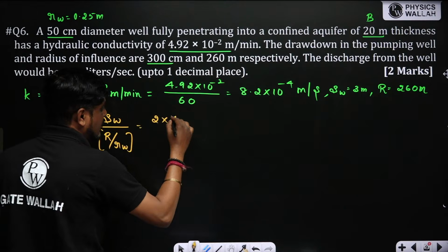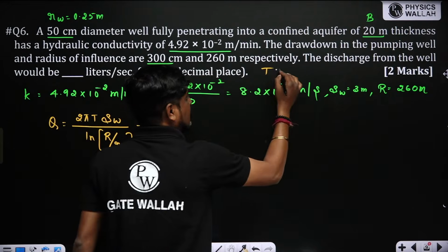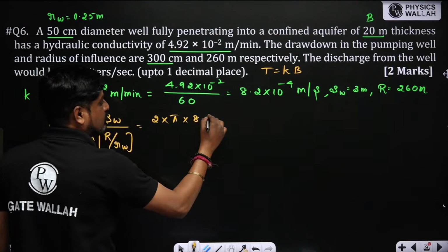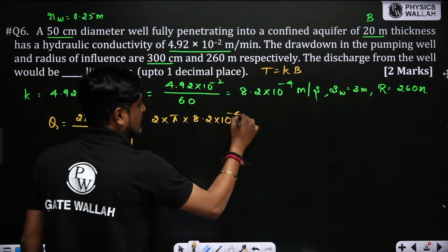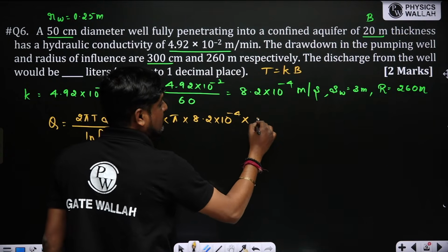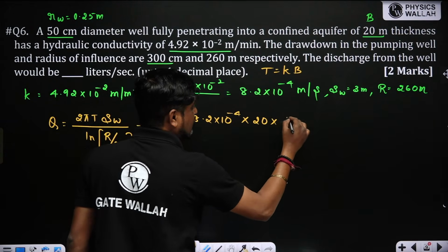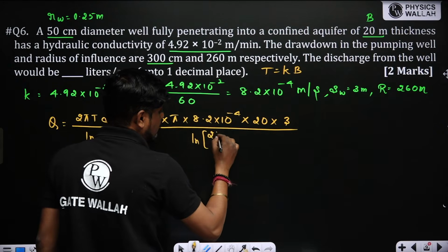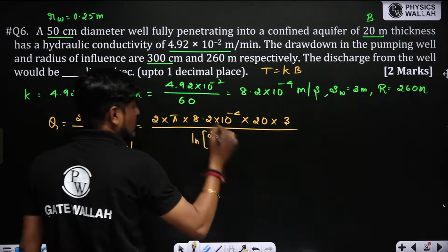What is T? T is equal to K into B. K value 8.2 into 10 to the power minus 4, B 20 meter, into SW 3, whole divided by ln of 260 divided by RW 0.25.